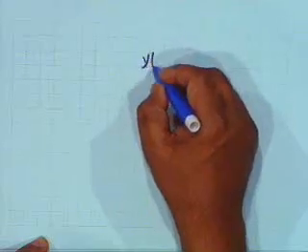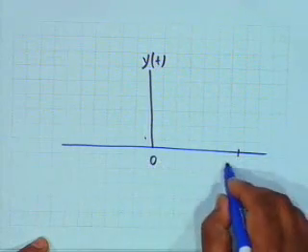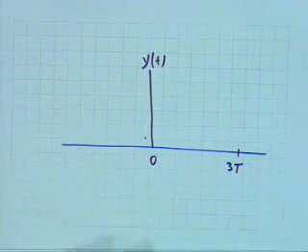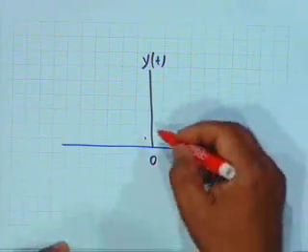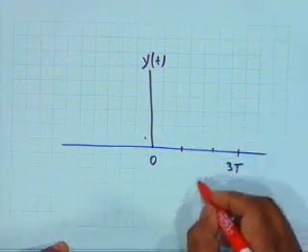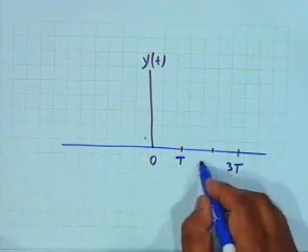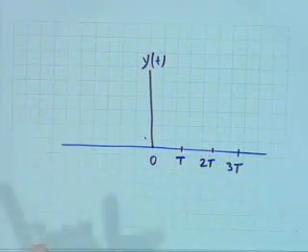And therefore, finally, my total output y of t will look like this. Between 0 and 3t, it goes on, let's say t and capital T, 2t.